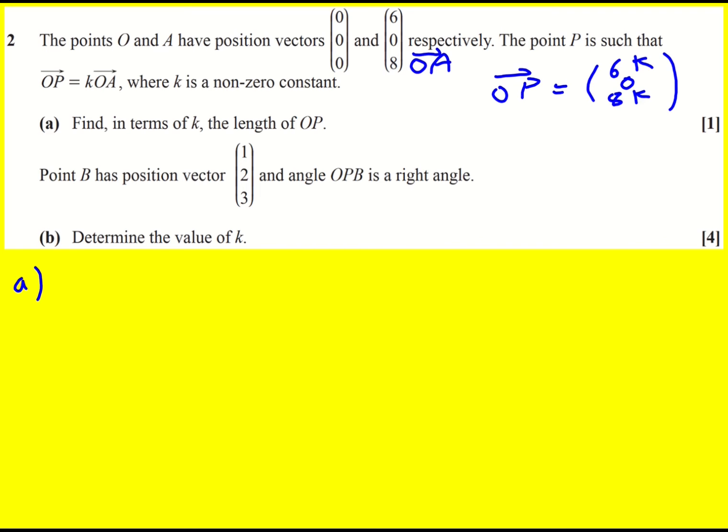So for this, we can use Pythagoras' theorem. Normally it's 3D Pythagoras. You'd square them all, add them together, and then square root. In this case, because there's no zero component, it's actually just 2D Pythagoras.